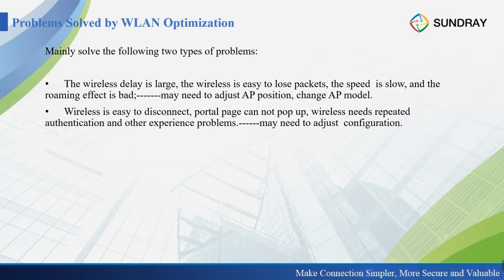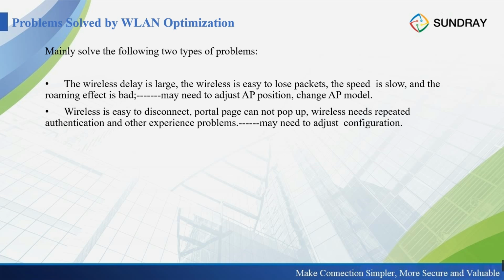Okay, now let's look at the problems we can solve by optimization, because this optimization is really needed for the project. First type: the wireless delay is large, the wireless easily loses packets, the speed is super low, and the roaming effect is bad.